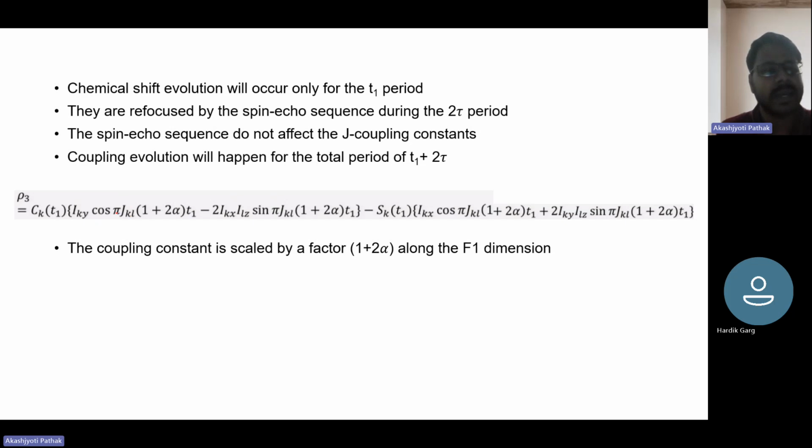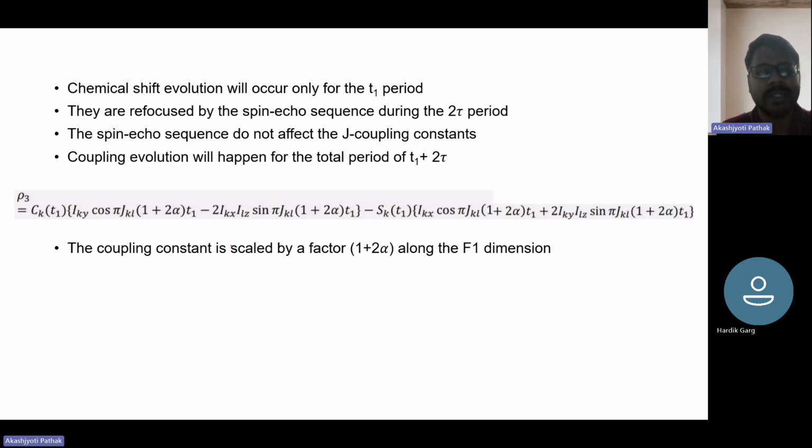So this cos pi JKL, this JKL is multiplied by a factor 1 plus 2 alpha in the T1 dimension. In all four of these terms, there is a multiplication by the term 1 plus 2 alpha in the T1 dimension.